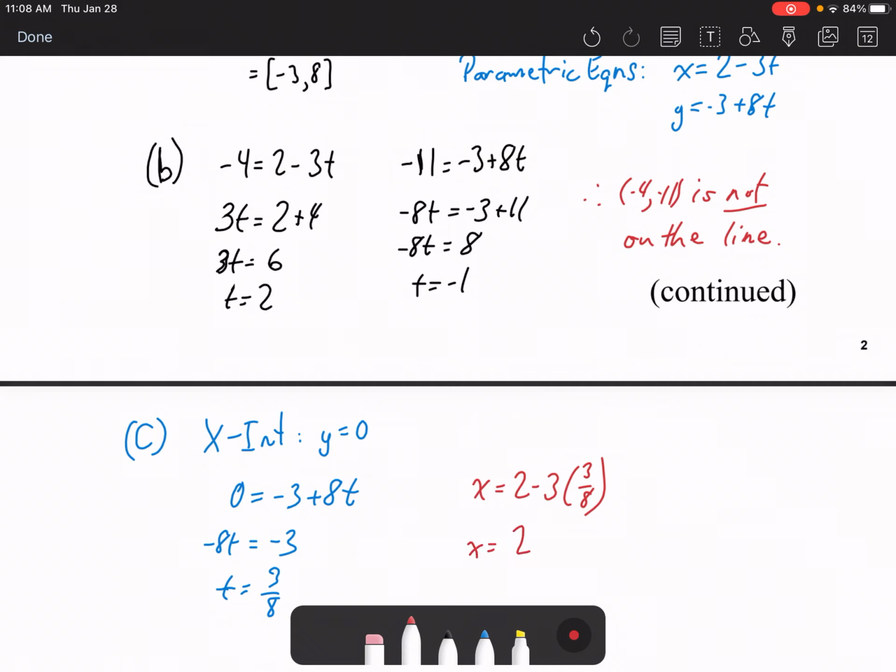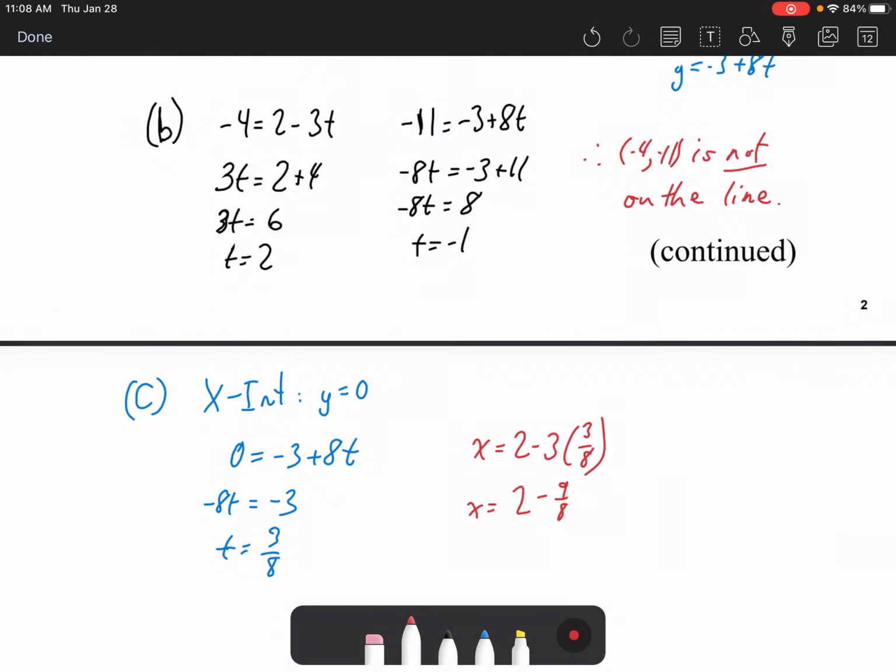So this becomes 2 minus 9/8. Well, 2 is the same as 16/8. So 16/8 minus 9/8 is 7/8. So that means my x-intercept is (7/8, 0).